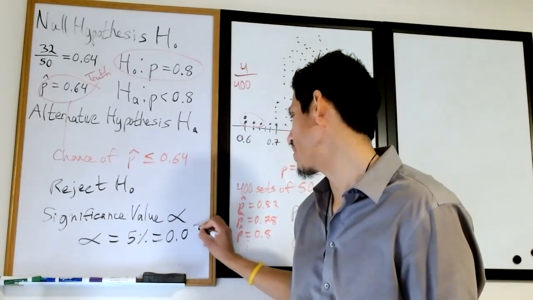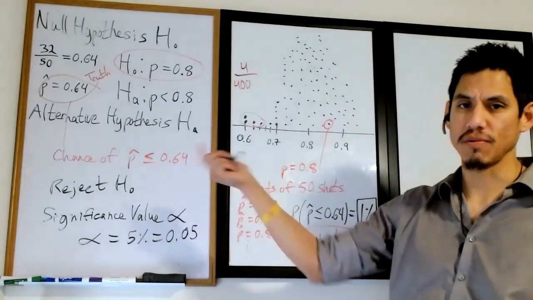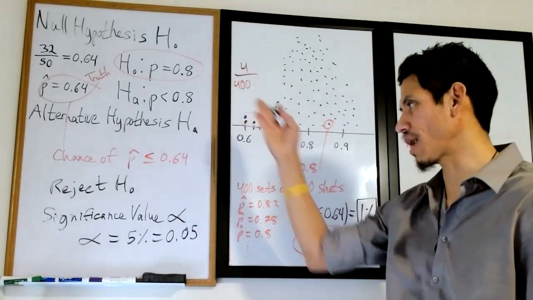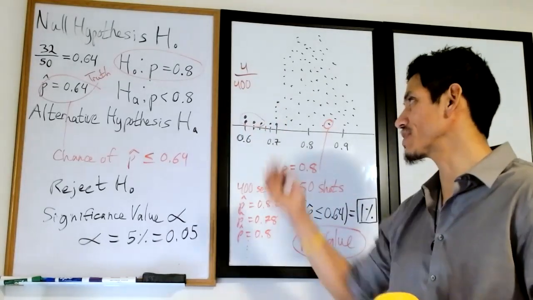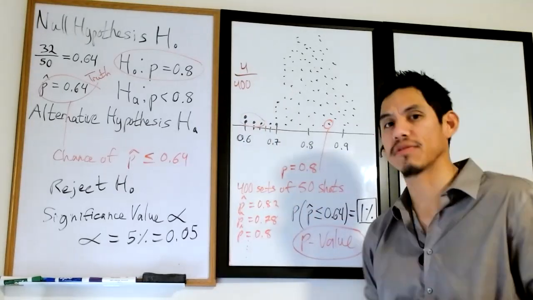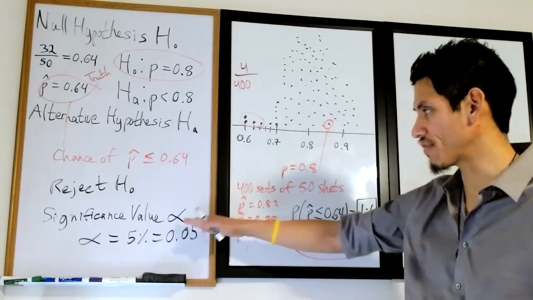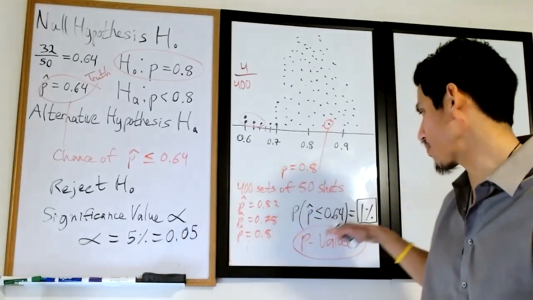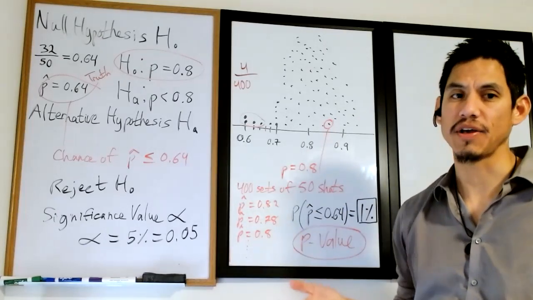And we say that if we get a p-value less than our alpha, we reject our H0. We're going to reject our null hypothesis. If we don't, then we're going to basically say, okay, well, I guess it's possible that the null hypothesis is true. But we have to decide this first before we look at our data and figure out the p-value.